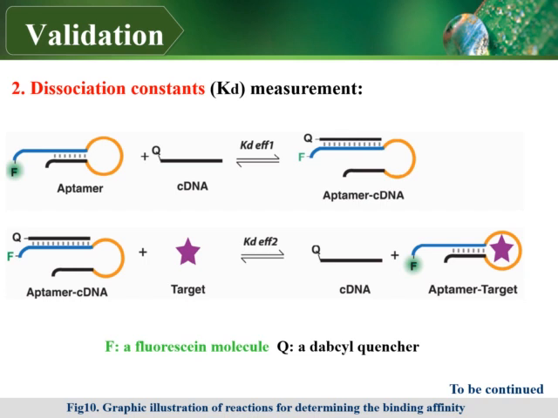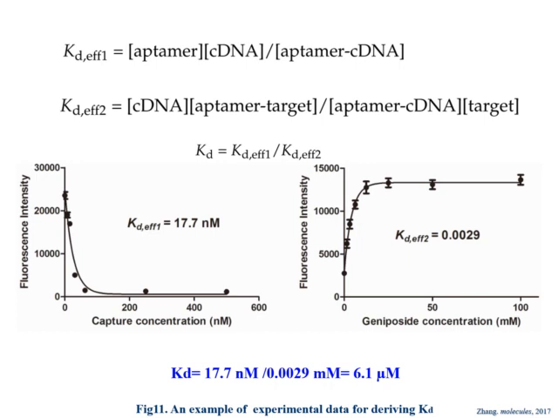It starts from a complex of aptamer and the quencher. Then we added our target, and the fluorescence signal will increase. So here is the KDF2. So finally, the KD value can be calculated by these three equations: KDF1, KDF2, and the KD value.